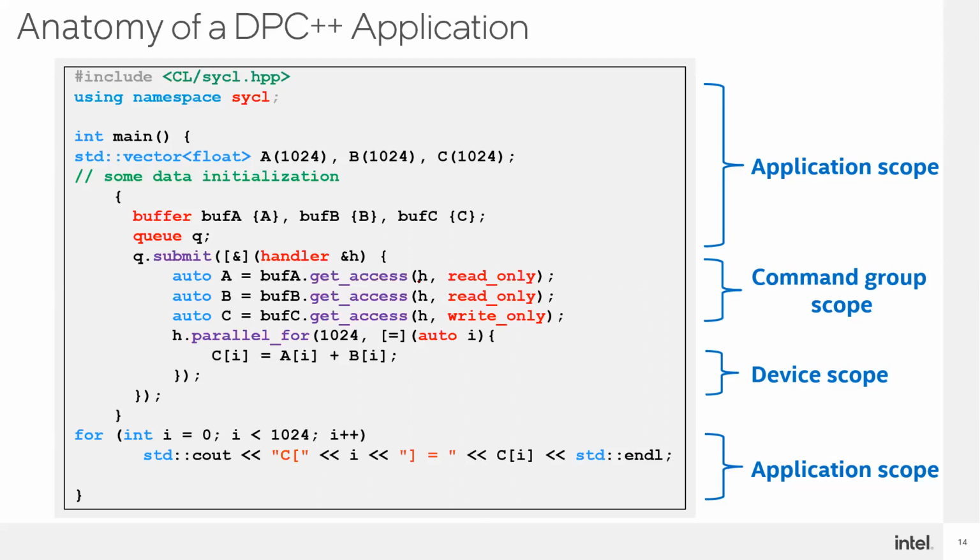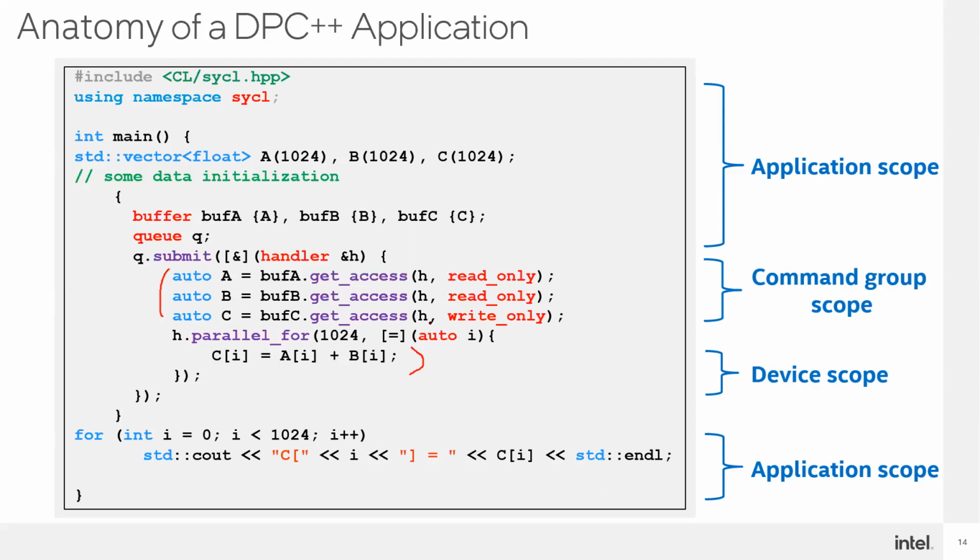The command group scope is everything declared inside the queue submit but before the parallel_for. Then there is the device scope, which is the scope inside your device code. Everything else is called application scope.